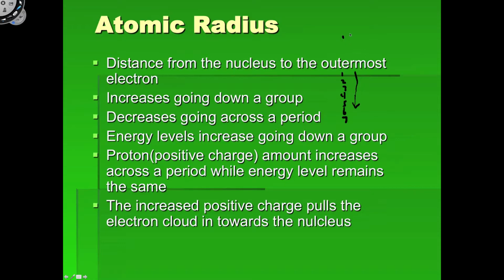So if I have an electron that's, say, here, and an electron that's, say, here, and this is my nucleus here, then obviously this electron is in a lower energy level than this one. If this was, say, sodium's electron, it's not as far out as, say, barium's outermost electrons. So that's pretty easy to see why the radius gets bigger as you go down a column: you're adding energy levels. You're getting farther away from the nucleus.